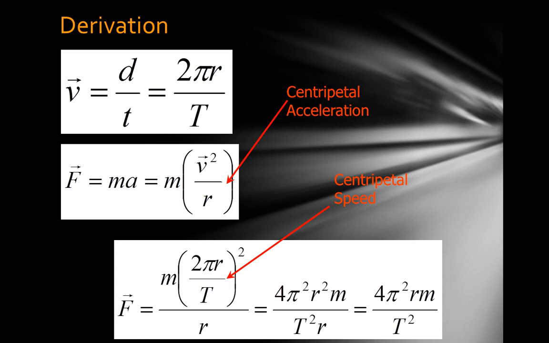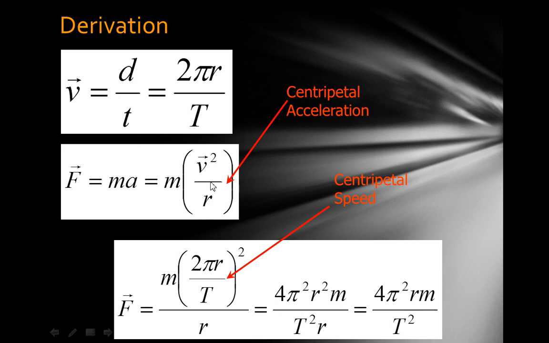And what we can do is sub in where we see a, our centripetal acceleration formula, v squared over r. And we get the force formula, centripetal force will be mv squared over r.